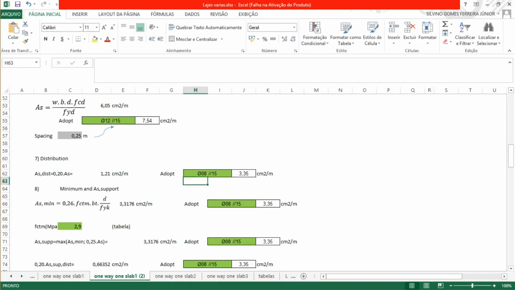So for the distribution we're going to use the same. I like to adopt the diameter of 8 spaced by 15, which is 3.35, that checks my minimum reinforcement.